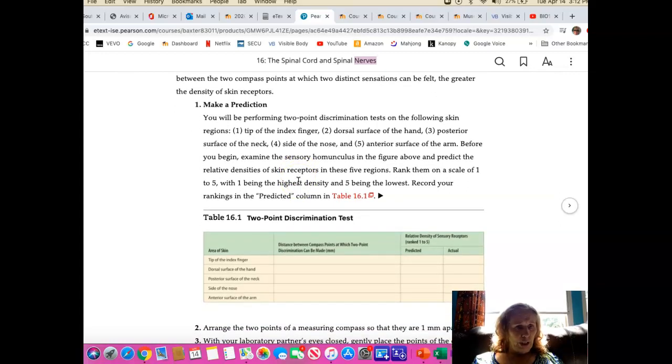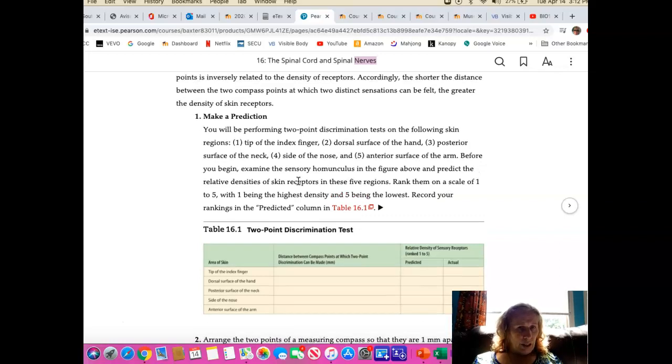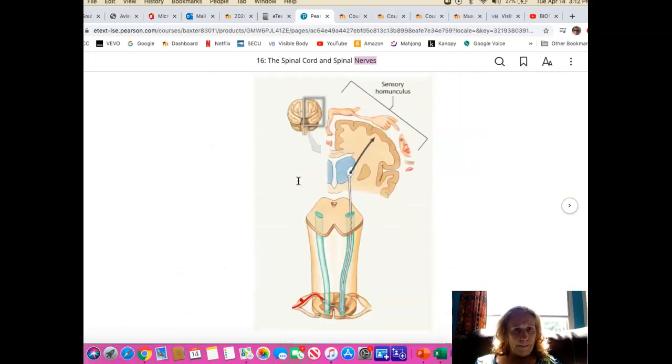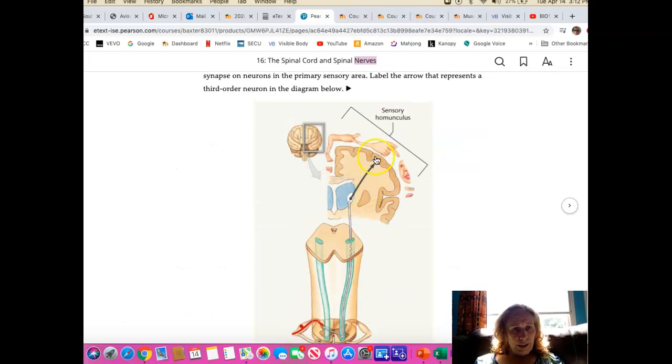Before you begin, you want to examine the sensory homunculus in the figure above. I think I'll go back to that. This is called a sensory homunculus, and we also have a motor homunculus.